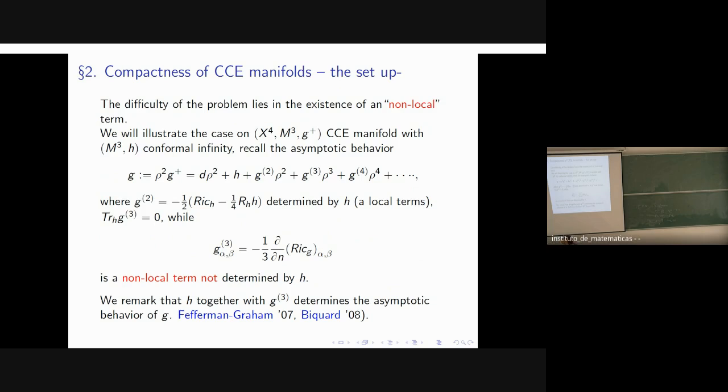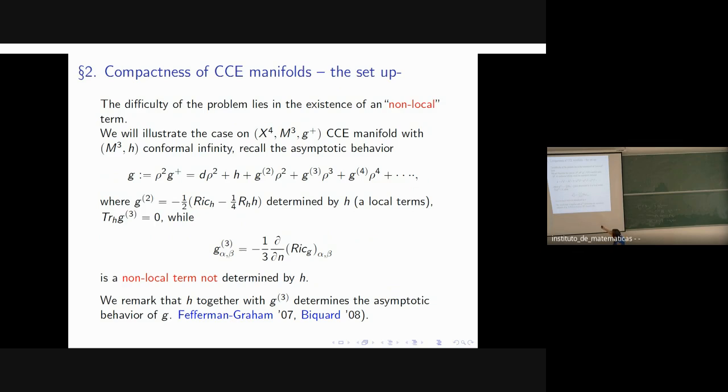Say I'm talking about the special case of dimension 3. Then this g has an asymptotic expansion: dρ² plus h plus a g₁ρ term which is 0, then a g₂ρ² term, g₃ and so on, a power series expansion. One knows that this second order term g₂ is just the Schouten tensor of h. It's a combination of h and so on, it depends on h.